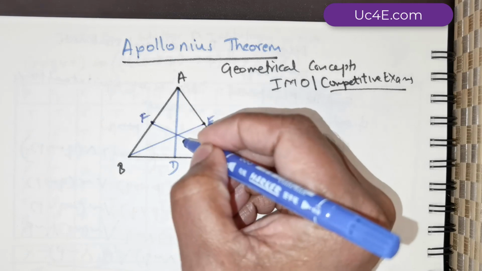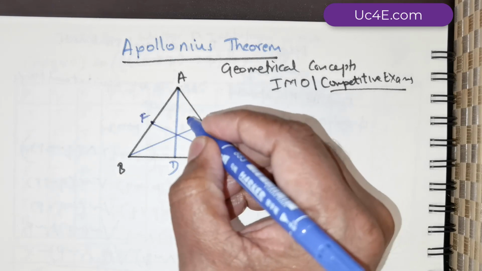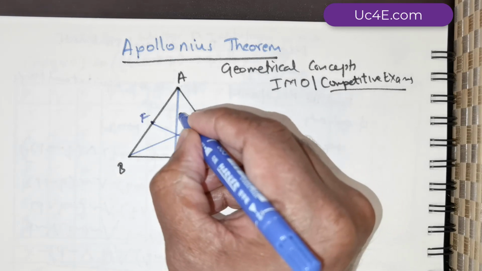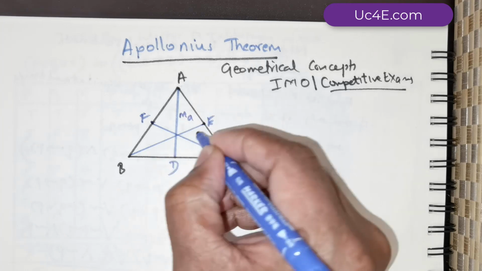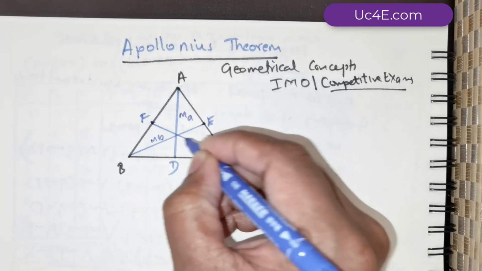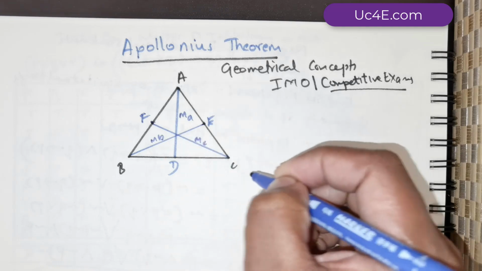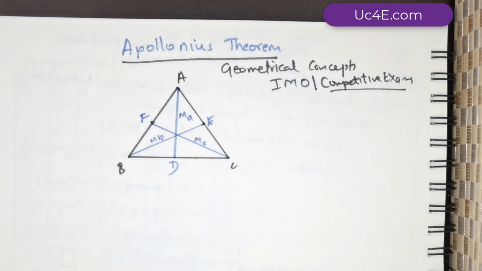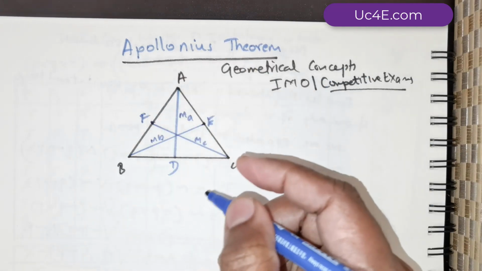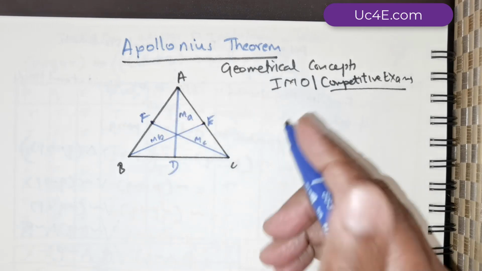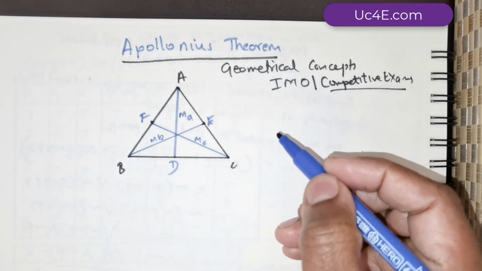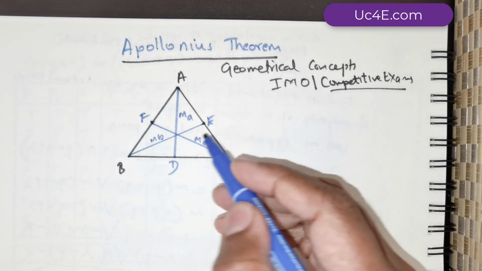So let me consider the lengths of these medians to be MA, MB and MC. So these are the lengths. Now this particular theorem is actually applied to find the length of the medians, and that is the main utility.